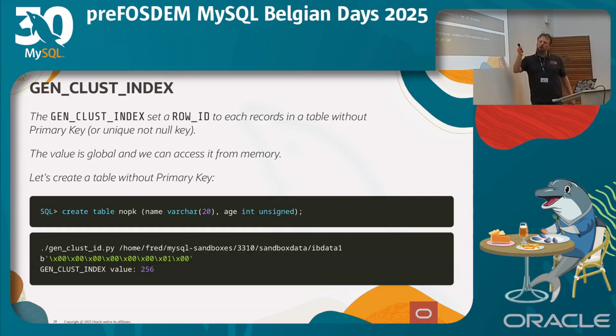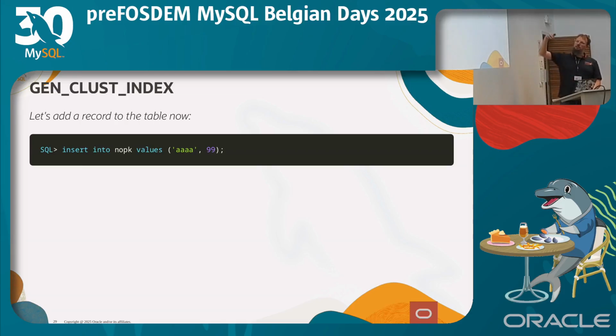Here I use a small Python script to read that information in the IB data one, and what we can see is that the value is 256. So the first time, because we're going to use it, it will write that information to disk. Now I insert data right here. I insert one row.